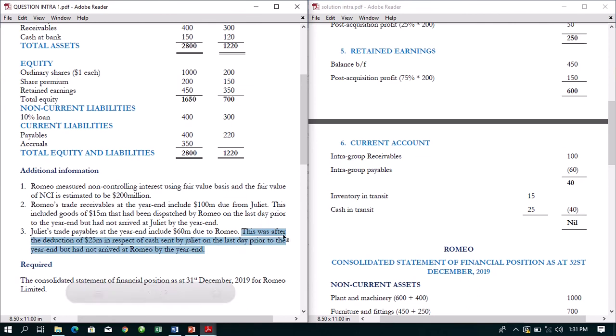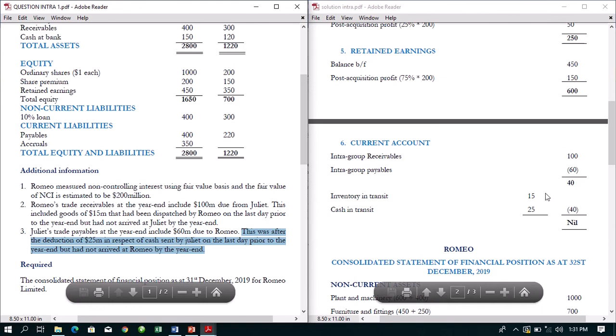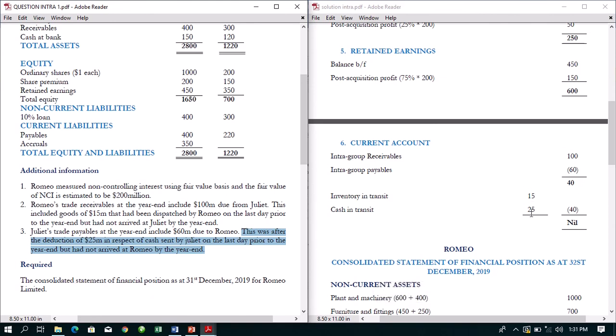I sent money at the year end, but as at the day we are preparing this account, that money has not gotten to the parent company. That is what we call cash in transit. So the cash in transit is 25 million, and if you add both together, it gives you that discrepancy, which is 40 million, and you can see that my current account will definitely always be zero.